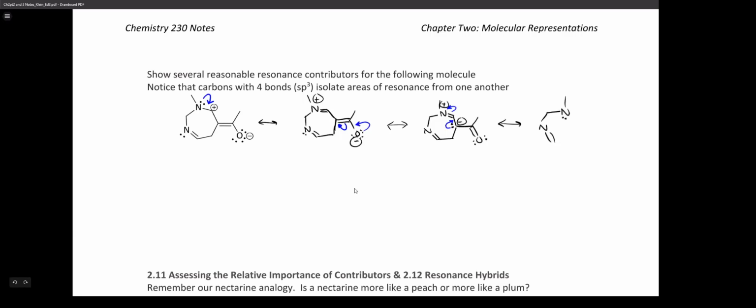Yuck. So this one's a little hard to draw. 7-membered rings are always a pain to draw. Yuck. All right, so some of the bonds got really big and squiggly. Sorry about that.